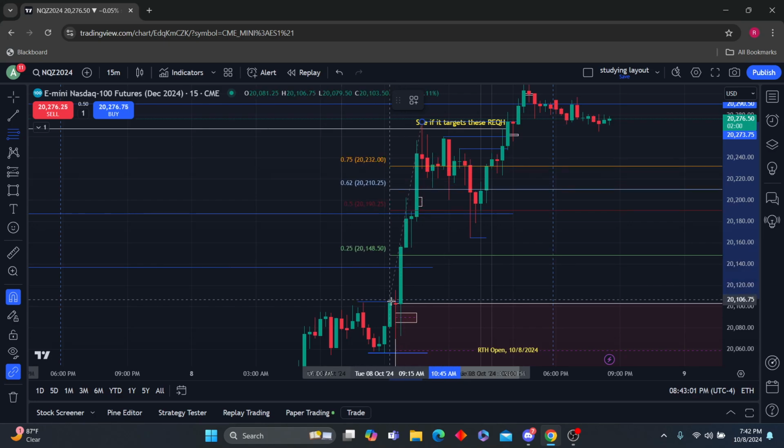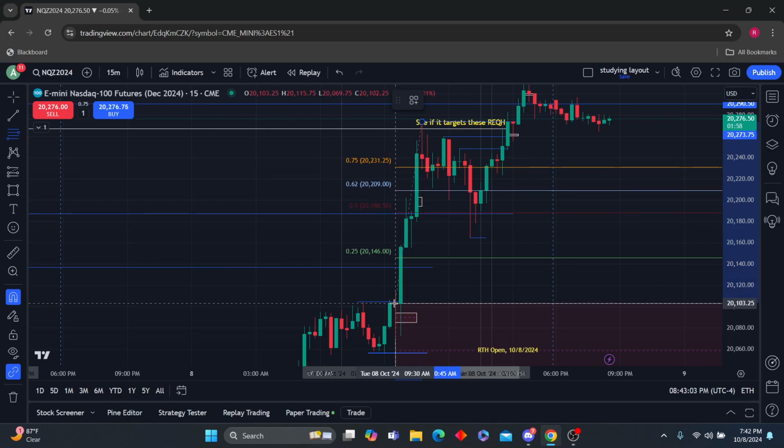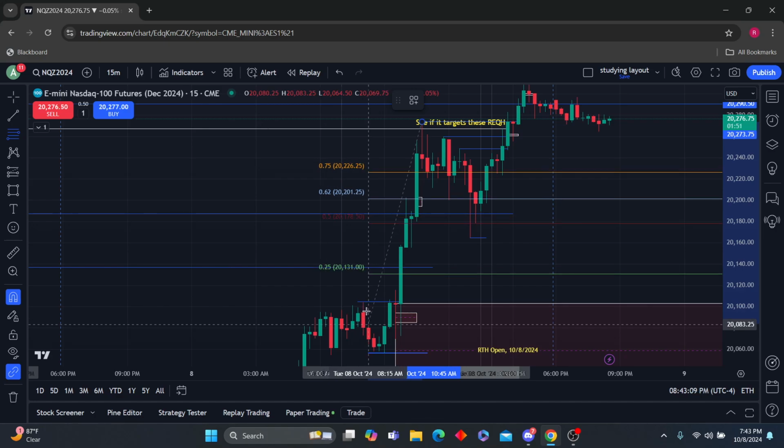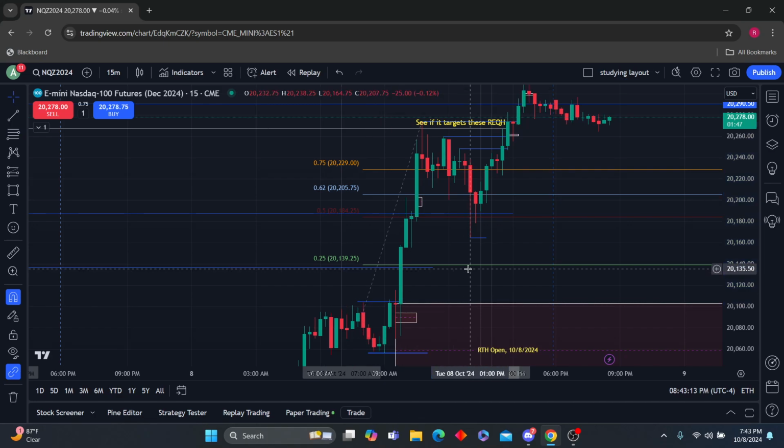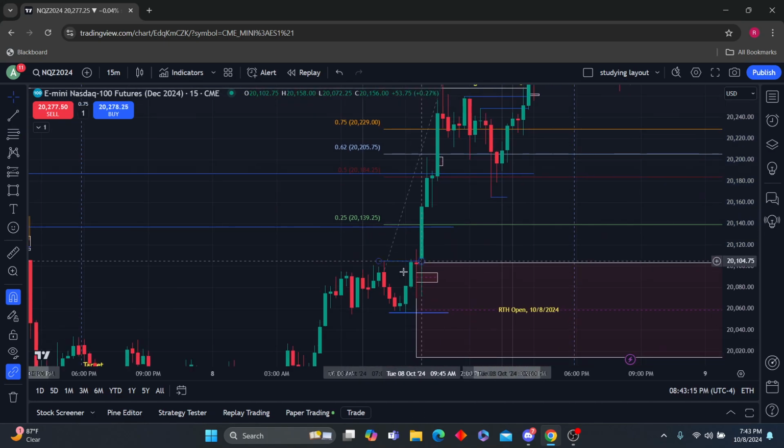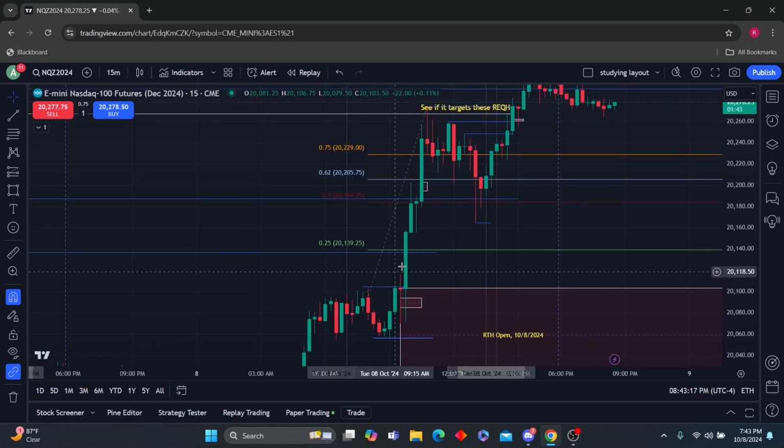From where price opened up, this whole entire leg. I would say honestly, right here, because this is an order block. 50%. Boom.